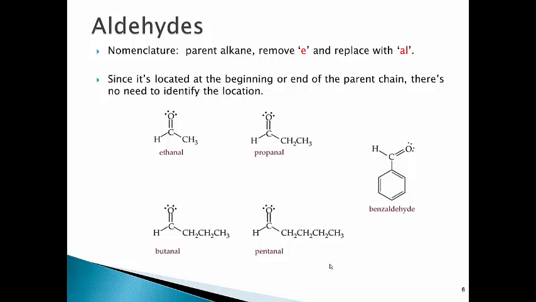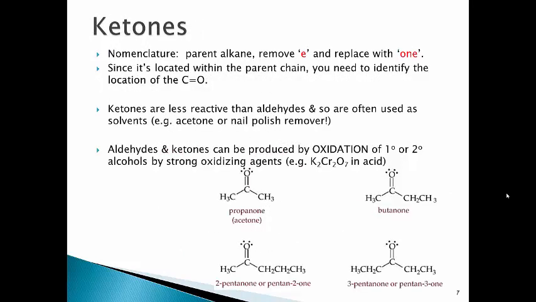Now, because the aldehyde's at the terminal position in all of these, you don't need to indicate that it's number 1, it's implied. Looking at another structure for an aldehyde, we've got benzaldehyde. This is when we have an aromatic benzene ring that has an aldehyde group coming off it. So benzaldehyde.